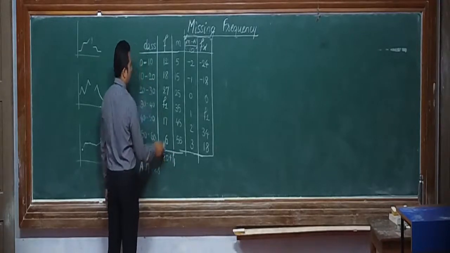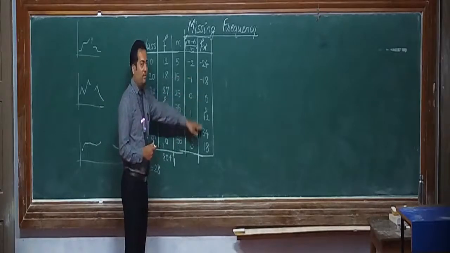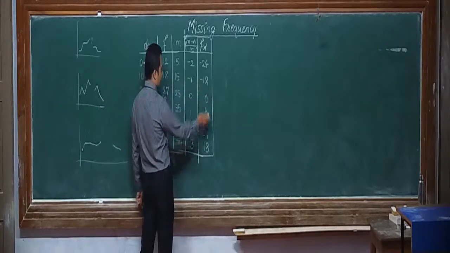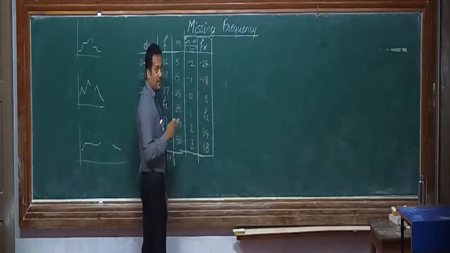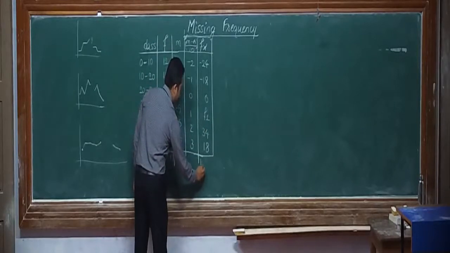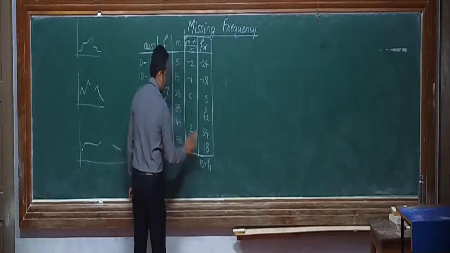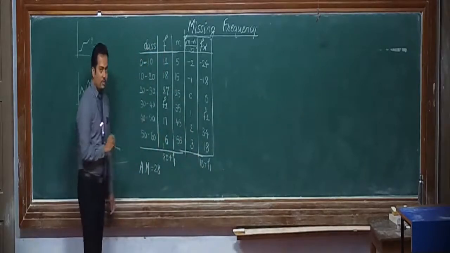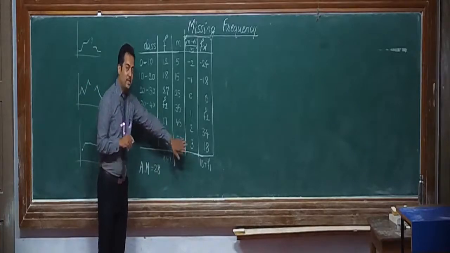This will be the sum of all the frequencies. Similarly, we have to find the sum of all fx dash. So this minus 18 and this 18 get cancelled. Then 34 minus 24 gives you plus 10. And this F1 as it is. So this gives you 10 plus F1. Okay, so this summation is very simple. We have found 80 plus F1 and 10 plus F1.